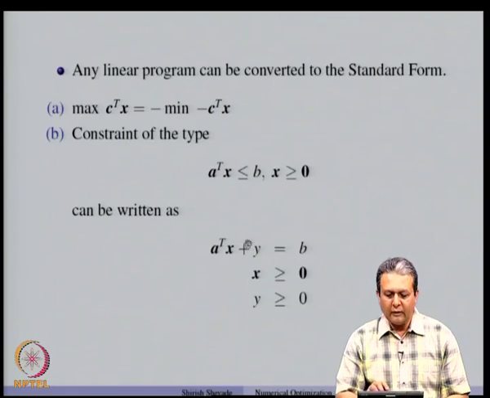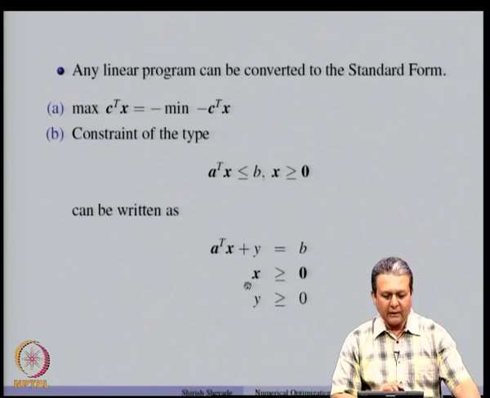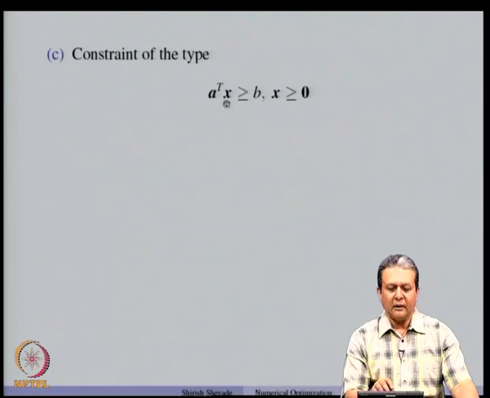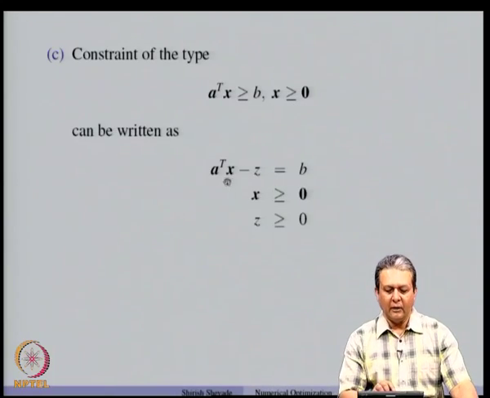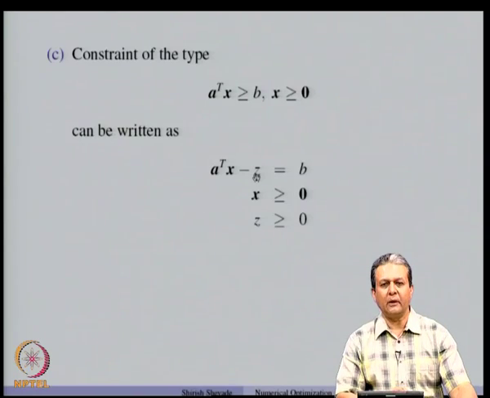Therefore, the given constraint of the less than or equal to type is converted to an equality constraint by introducing a slack variable y. The other constraint remains the same. Similarly, if we have a constraint of the type A transpose x greater than or equal to b and x is non-negative, that can be converted to A transpose x minus z equal to b. So, z is called the surplus variable and z is non-negative.